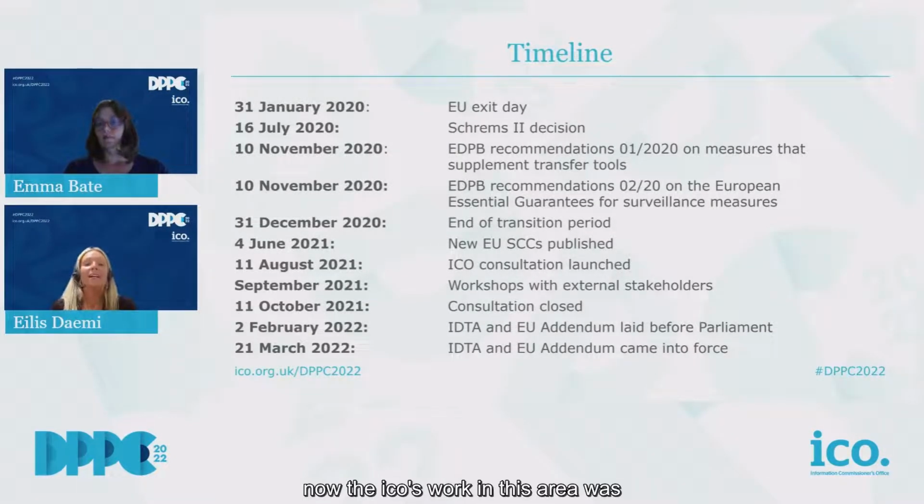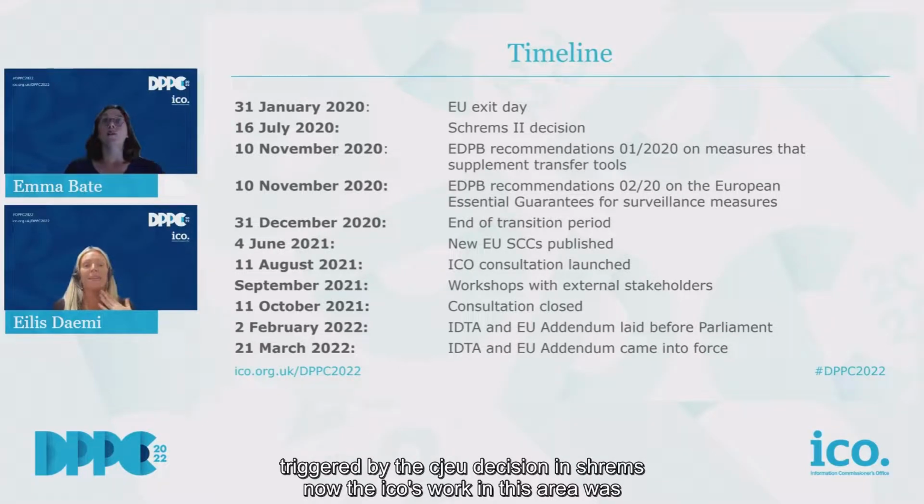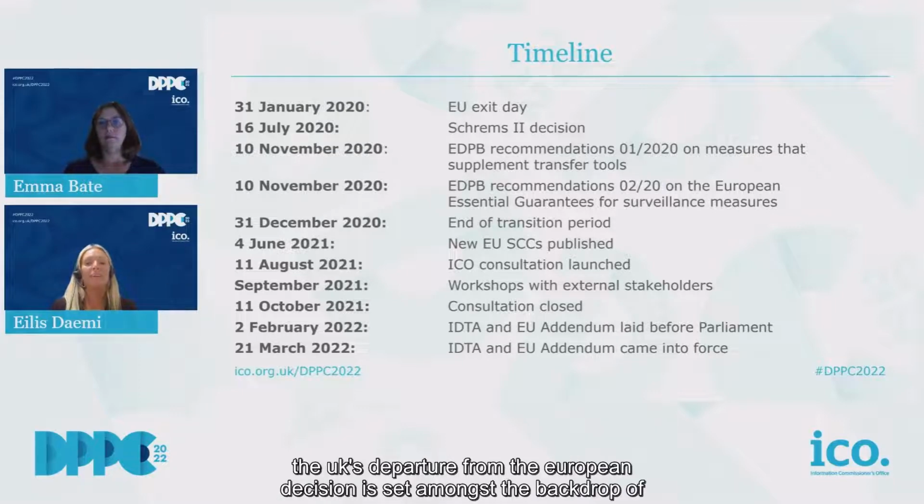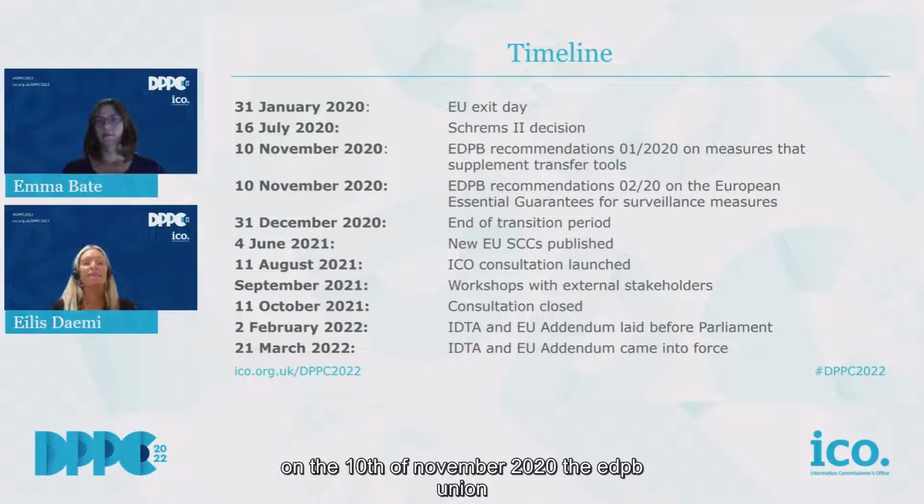Now, the ICO's work in this area was triggered by the CJEU decision in Schrems II on the 16th of July 2020. And of course, the impact of that decision is set amongst the backdrop of the UK's departure from the European Union. On the 10th of November 2020, the EDPB published two sets of recommendations.